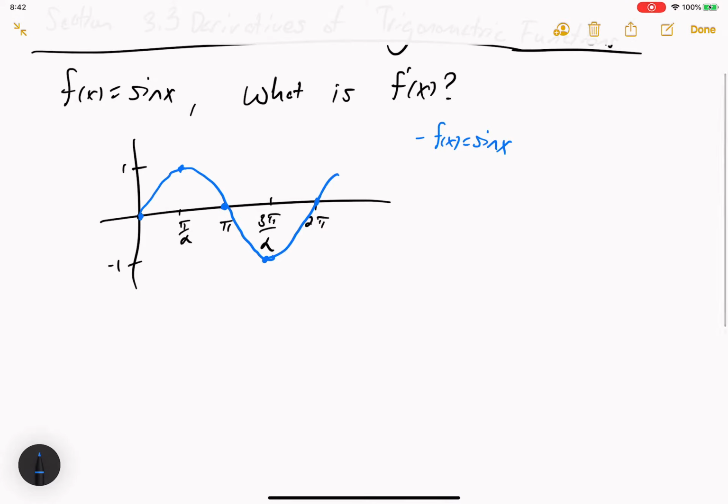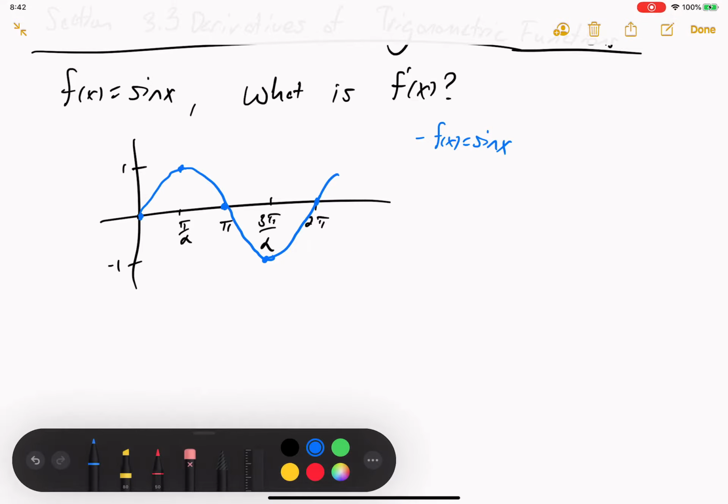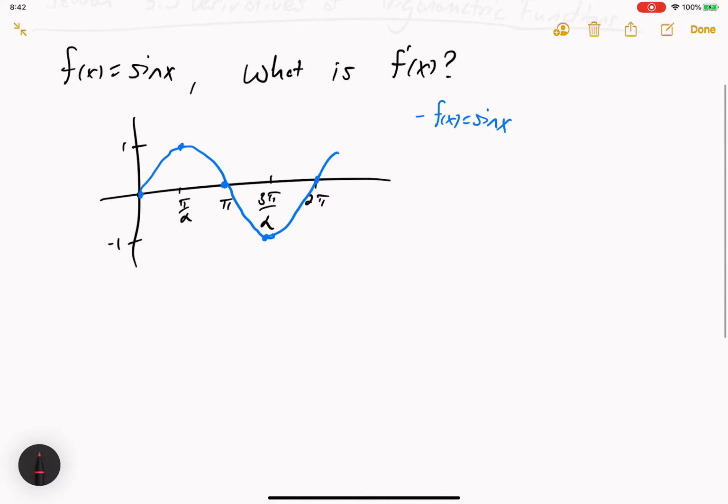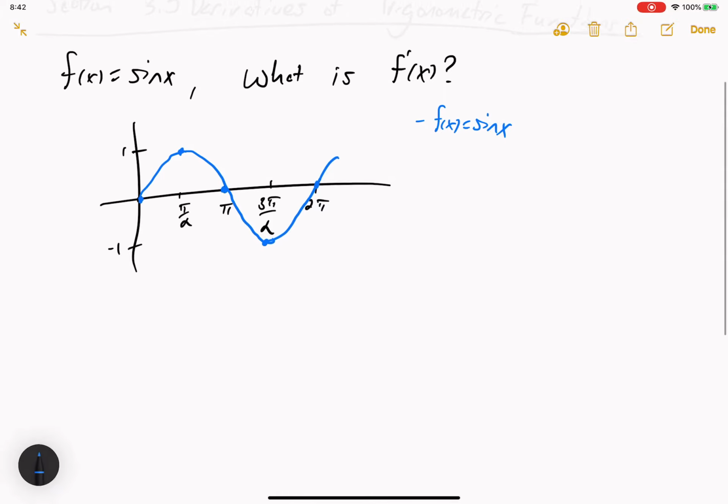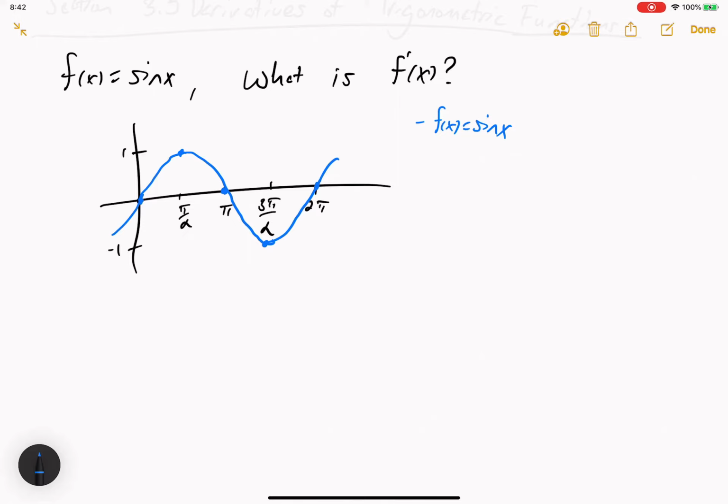So, one of the ways that we've touched upon briefly is talking about how can we get the derivative of f of x based off its slope, or based off the graph of it. Let me just do one thing before we start. Remember that technically sine of x takes in all real numbers.